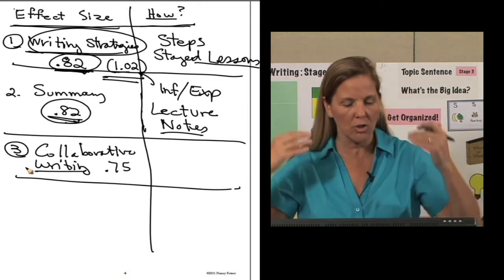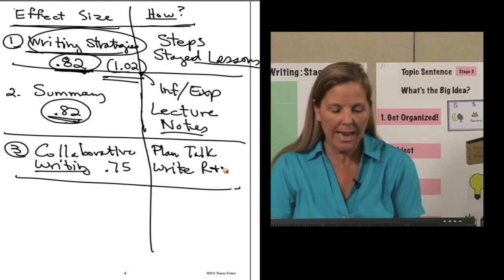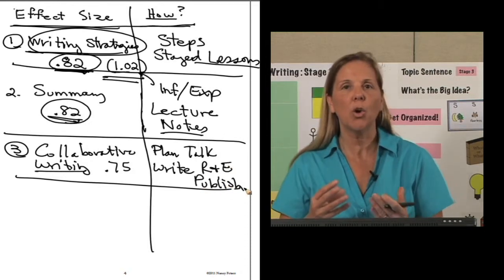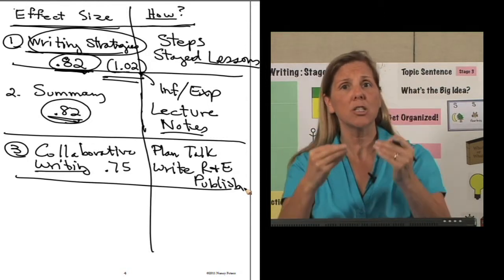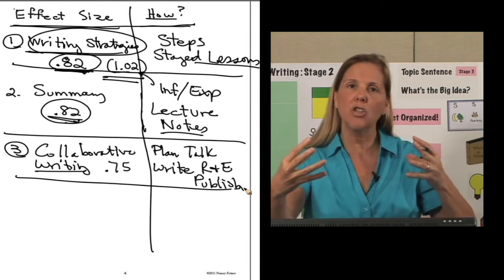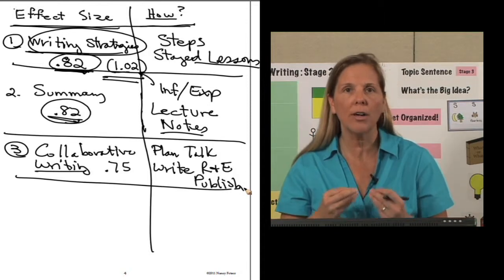We want students to plan, talk, write, revise, edit and publish their work. And in this process, we want to explicitly walk students through the writing strategies and gradually release them so that they are using those strategies on their own.